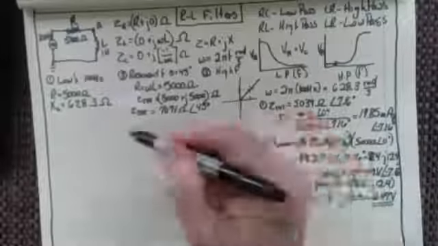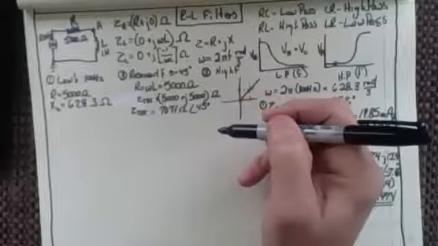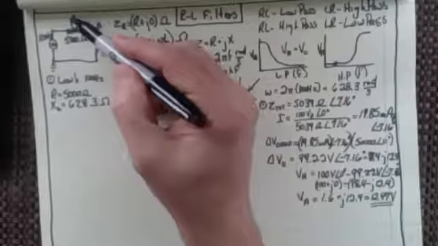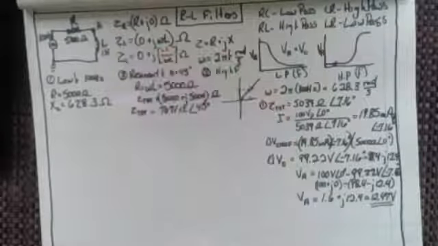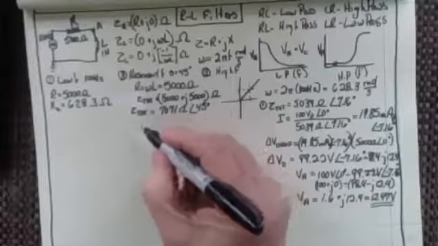Now I want to look at that because we've got a special frequency here too, don't we? We've got a special frequency where the resistance of the resistor and the reactance of the inductor are going to be the same. And that's a special frequency. So where would that actually occur?